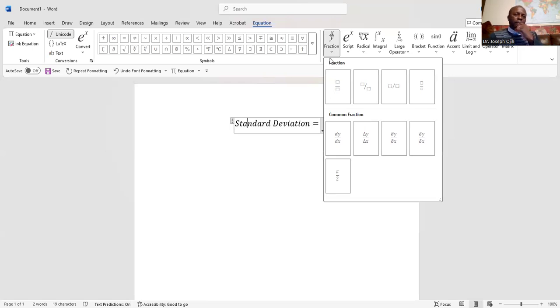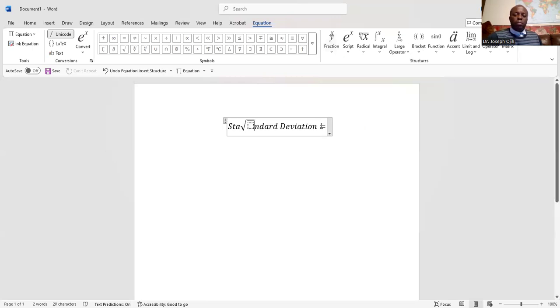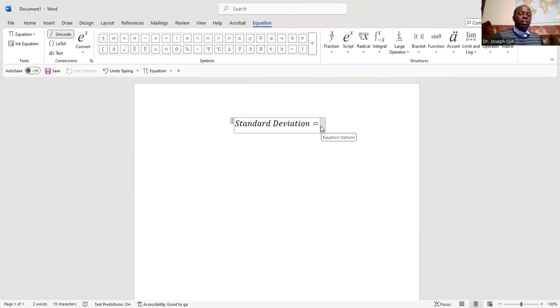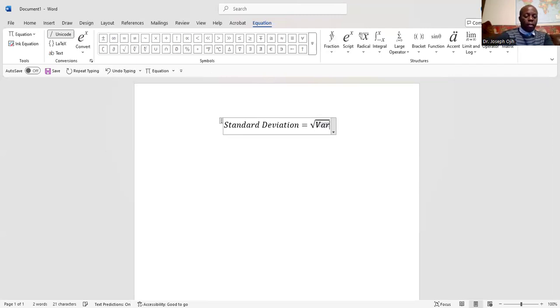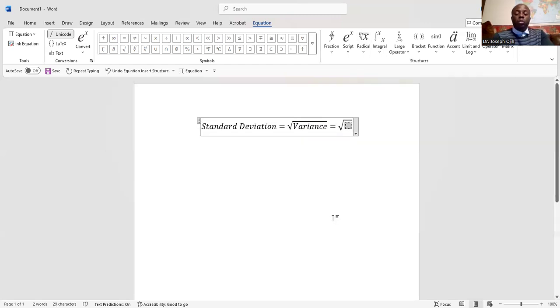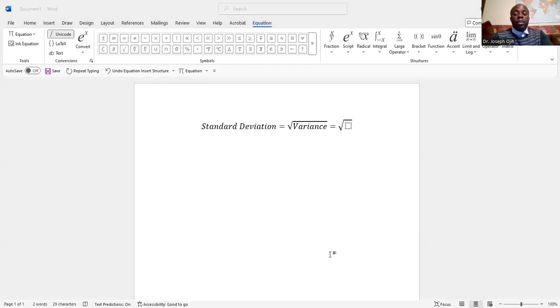Okay, we have the square root of variance. The square root of the answer we got for variance. What did we get for variance? For variance, we got 0.92.